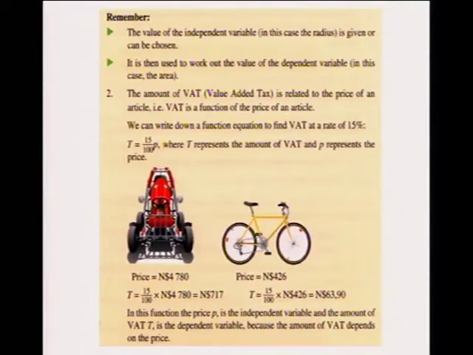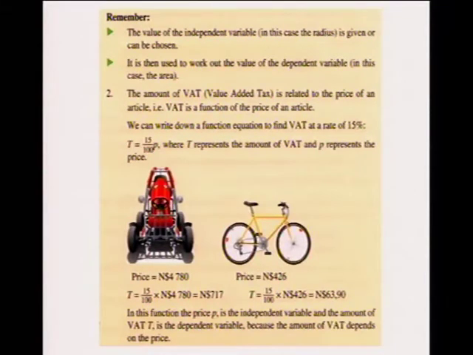Then we must remember the value of the independent variable, in this case the radius, is given or can be chosen. It is then used to work out the value of the dependent variable, in this case the area. Number 2 is the amount of VAT. Value added tax is related to the price of an article. So the VAT is a function of the price of an article.